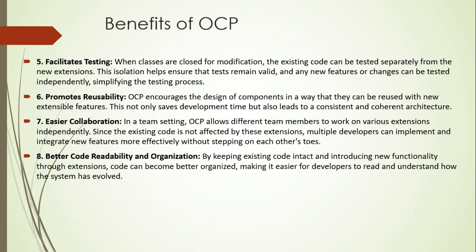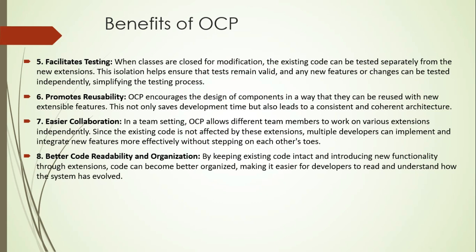It brings collaboration, more and more collaboration. Collaboration becomes easier in a team setting. OCP allows different team members to work on various extensions independently. Up to now, you must have learned that OCP talks about extension.